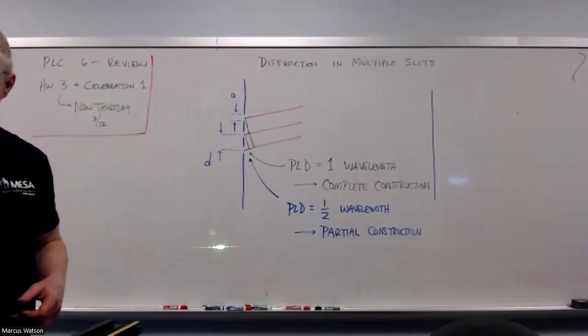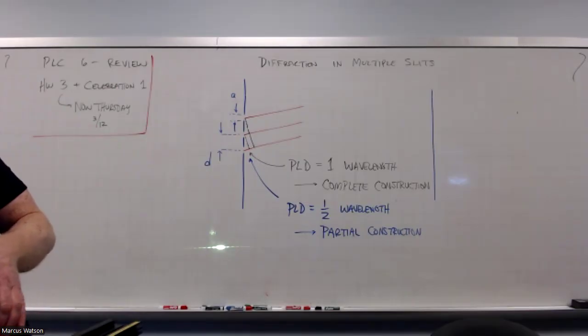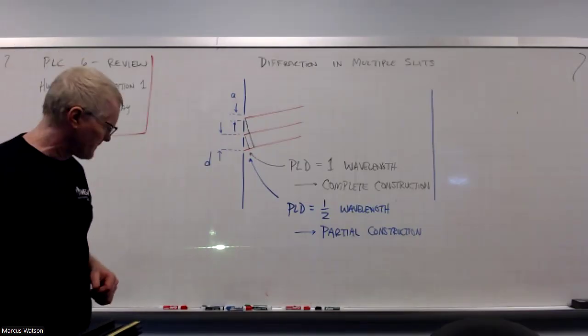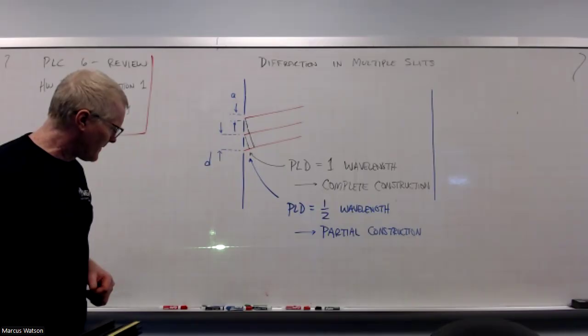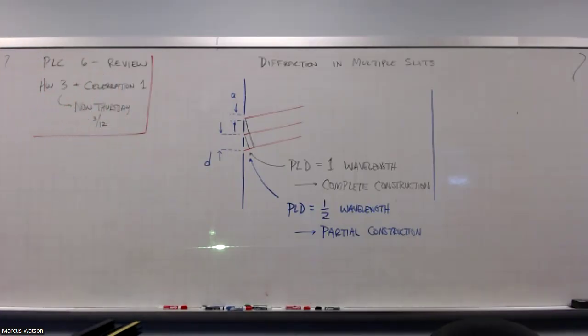Let me go to 3, like so. Okay. So if we go to 3 slits, and what we can see, let's try, I'm kind of interested now, if we go back here, make this pattern a lot larger.